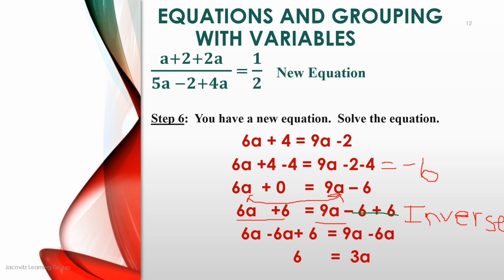Now we're going to take the inverse of 6a, which is negative. That goes to the other side. 9 minus 6 is 3.